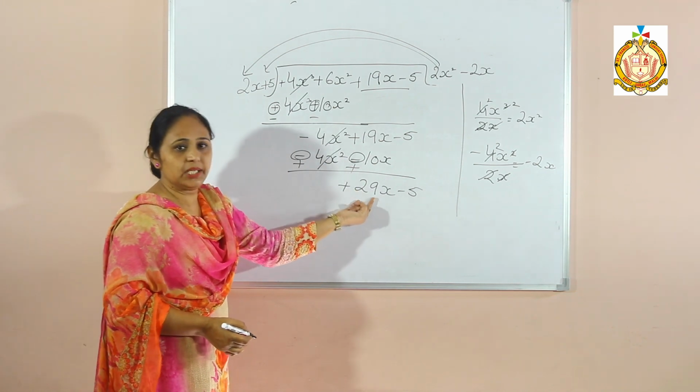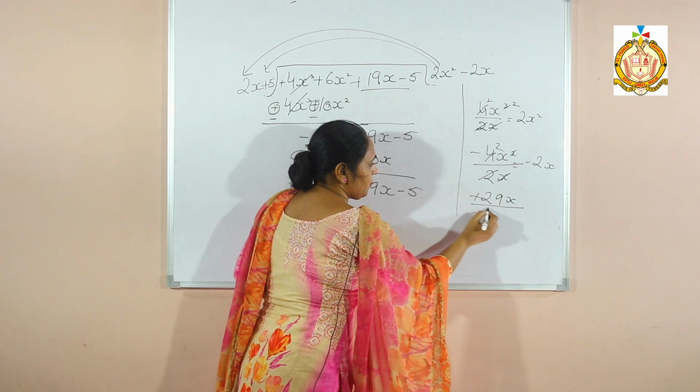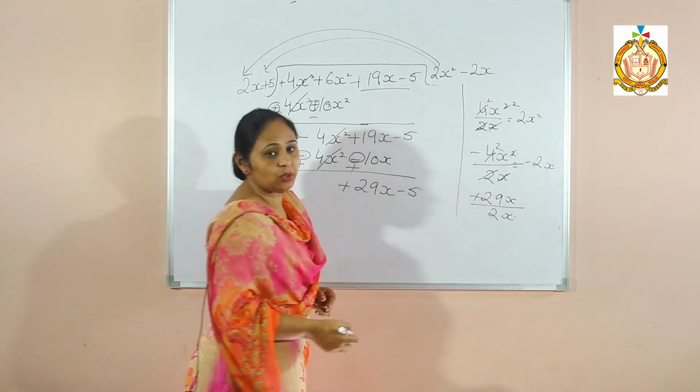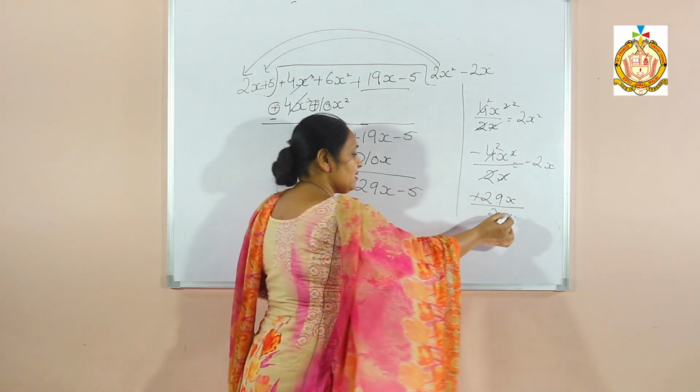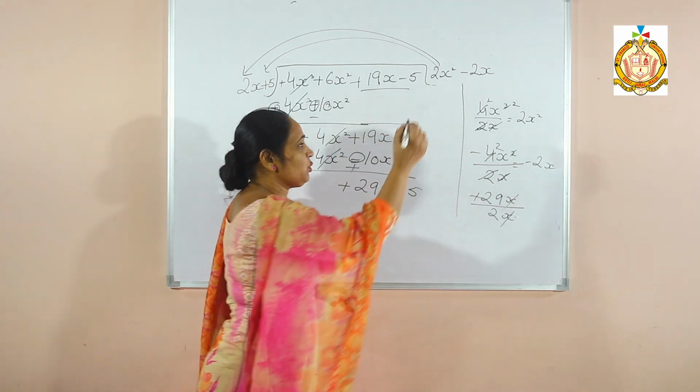Again first term inside, first term outside. Now x cancels. There becomes 29 upon 2. That number I have to write here.